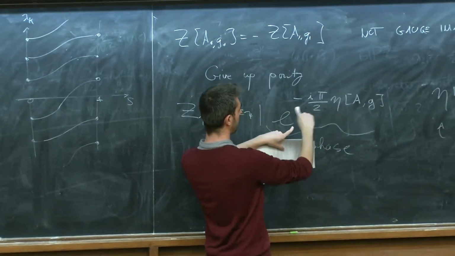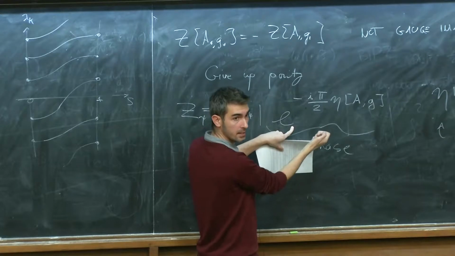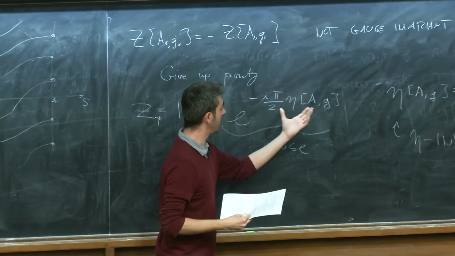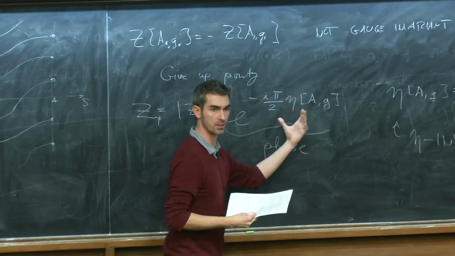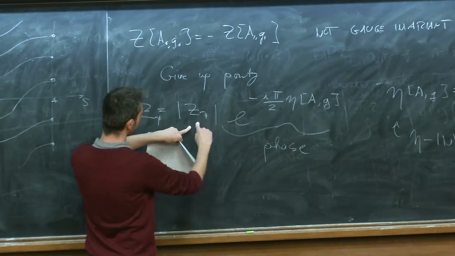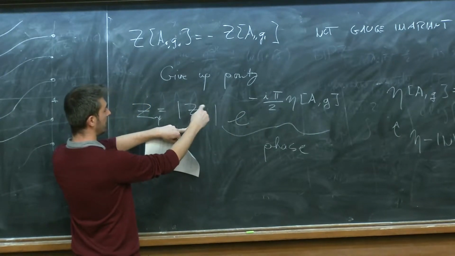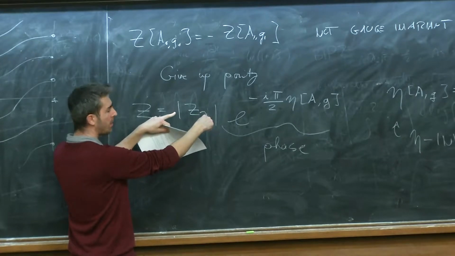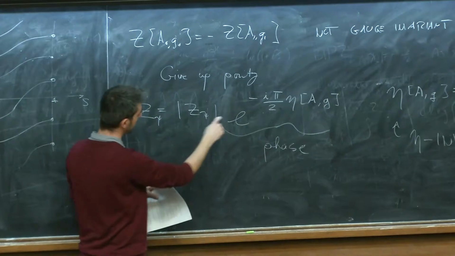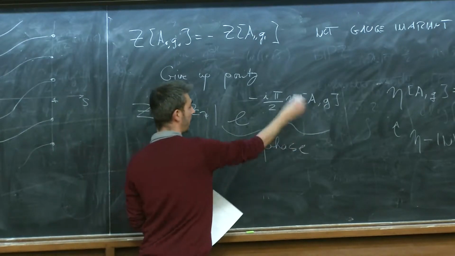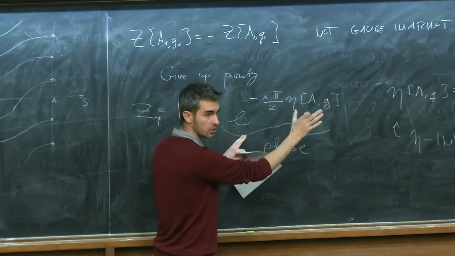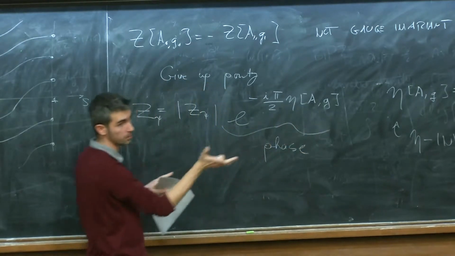In fact, this corresponds precisely to the fact that this exponential changes sign, so this is correct. And so if we try to put this object into the path integral, it's like putting an action which is not continuous, so this is bad. In fact, this object only makes sense in conjunction with the absolute value of the partition function of a massless fermion, because precisely at this point, this is a 0, and so the whole thing remains continuous. But if you just try to put this into the Lagrangian, in the action, in the path integral, it would not be continuous.